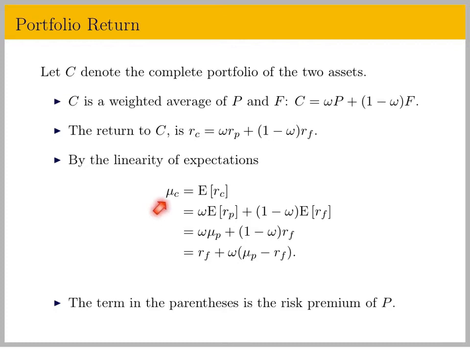And so the relation that we now have is that the expected return to portfolio C is simply the risk-free rate plus some fraction times the risk premium. So the investor will earn this risk premium in excess of the risk-free rate to the extent that he or she invests his or her wealth in the risky portfolio.